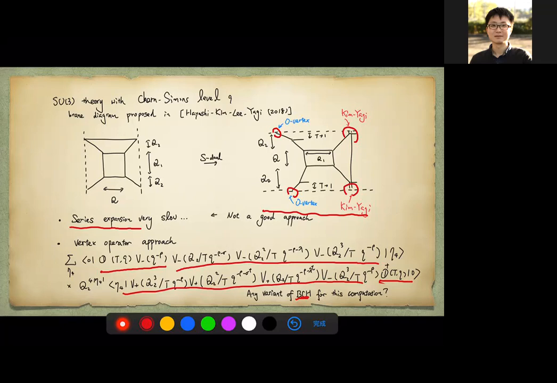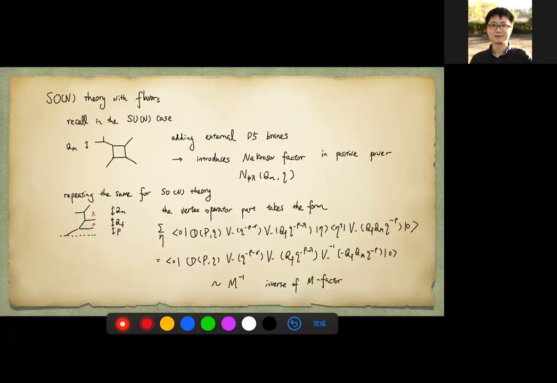Similarly, we can add flavors by putting external D5 branes in the diagram, and we can do the same for SON gauge theories. The vertex operator part just looks like this, and we can see it's almost the inverse of the M factor.